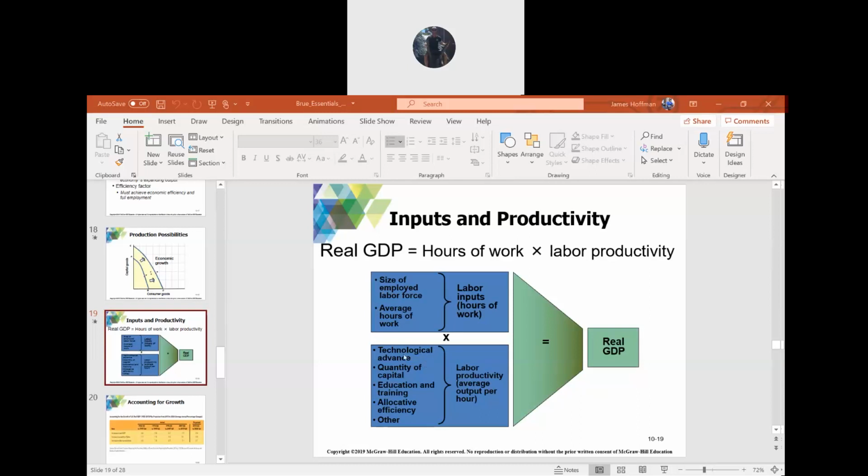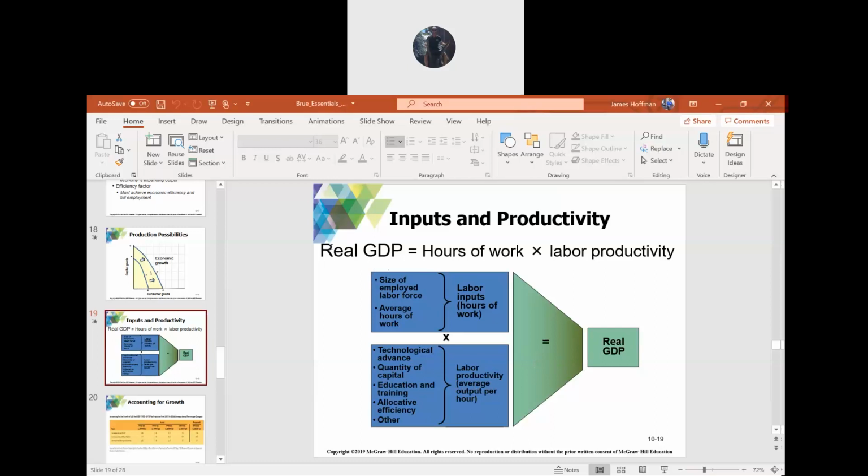Productivity is any change in technology, the quality of capital, education and training, which is human capital, or any more efficiency. So this is labor productivity, which is the average output per hour. This is how many hours are worked, and this is how productive those hours are in dollar terms. If you multiply hours times dollars per hour, you get a dollar value measure of real GDP. So this times this is a good estimate of GDP.